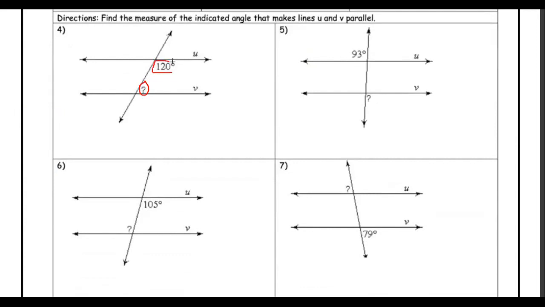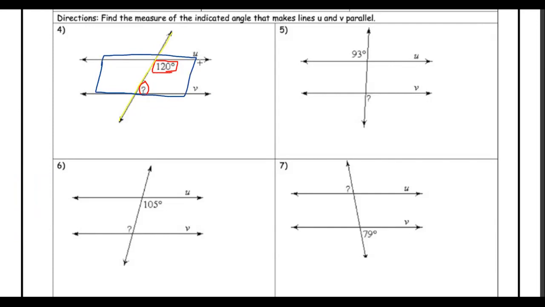What's the relationship between those 2 highlighted red angles? Use your strategy if you need to. Highlight the transversal, highlight the interior, okay? Does that make it obvious to you now that these 2 red angles are same side interior? Okay, they are same side interior.